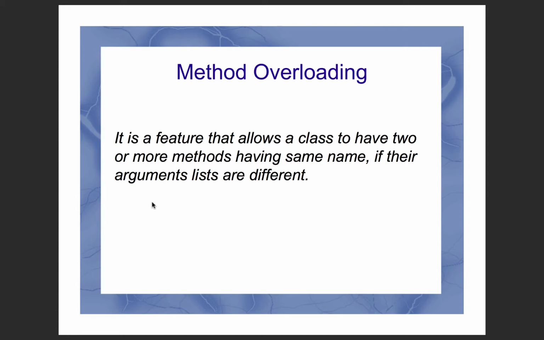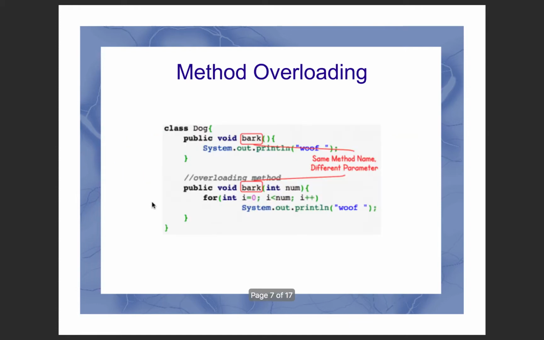Say, for example, you have a Notebook class, and the Notebook class has two different methods with the same name. Say both method names are printMe, and one method takes one argument from outside, and the other method doesn't have any argument. So we can have two methods with the same name but with different argument lists. That is called method overloading.